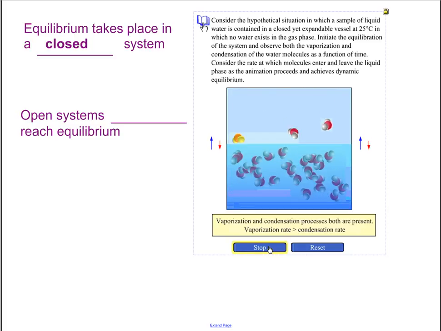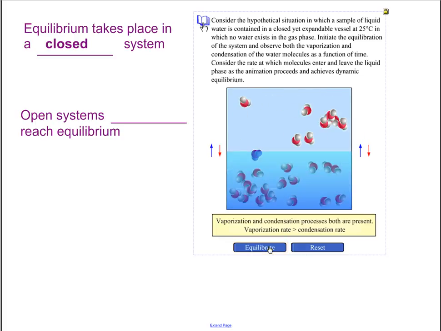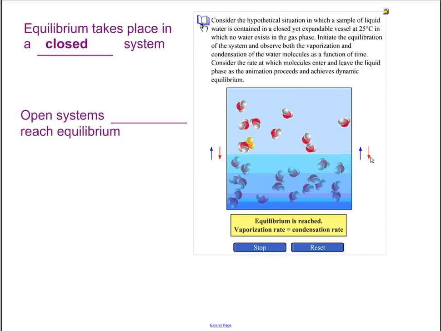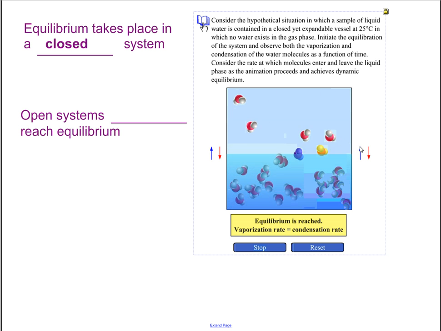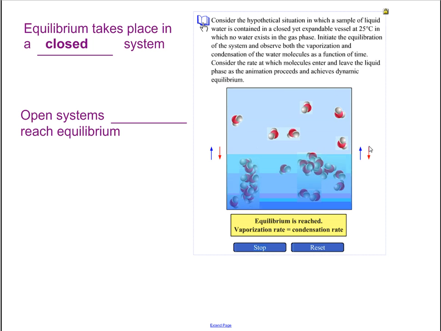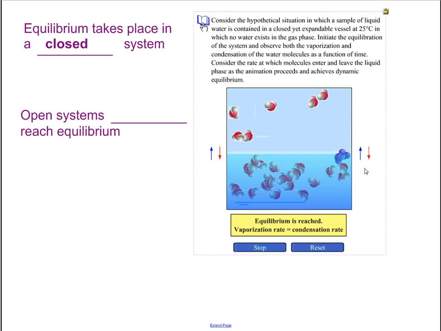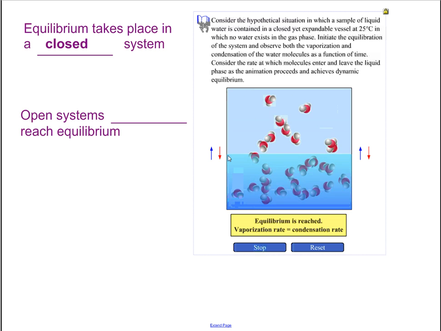So you can see things moving into the gas phase. You can see the rates are starting to catch up. And now equilibrium is reached. The rate at which the liquid water leaves is the same rate as the gaseous water molecules go back to the liquid. That's what's happened in any closed container.